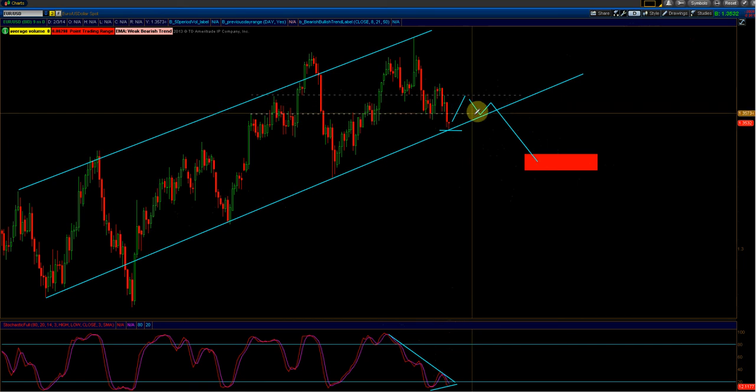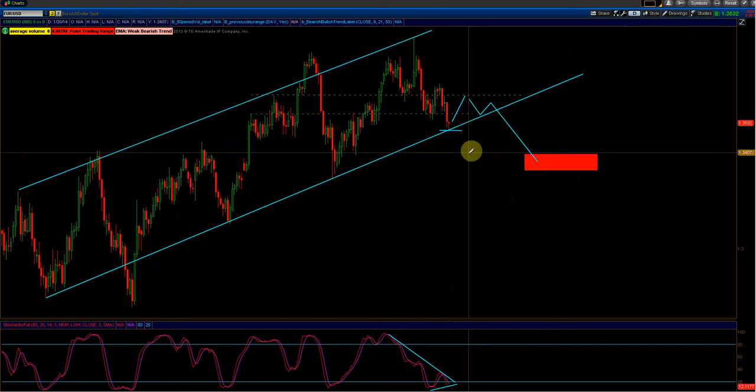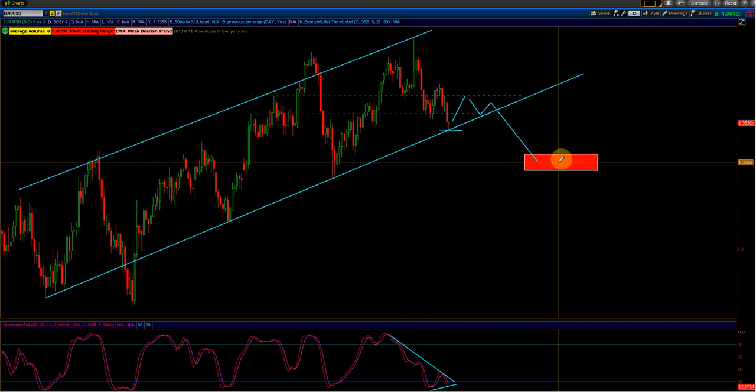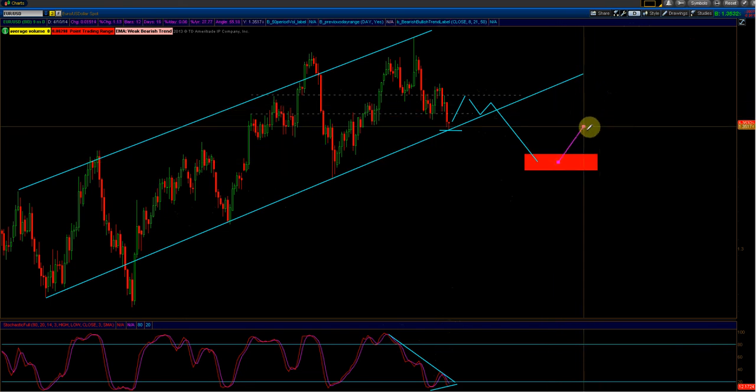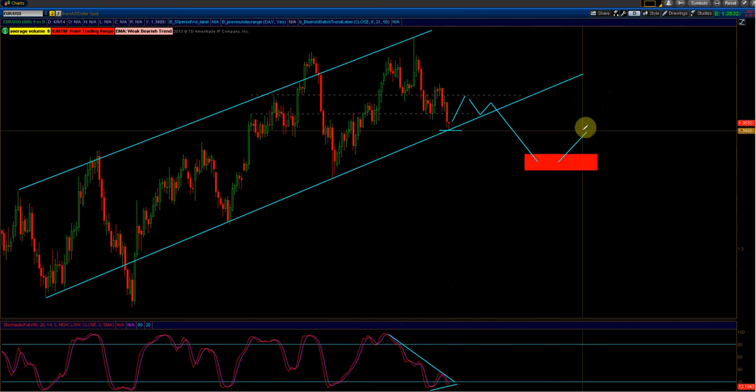This is my predicted path for the euro, and this area will play as a supportive line until it probably bounces back up to at least this area here, which would be a new line of resistance.